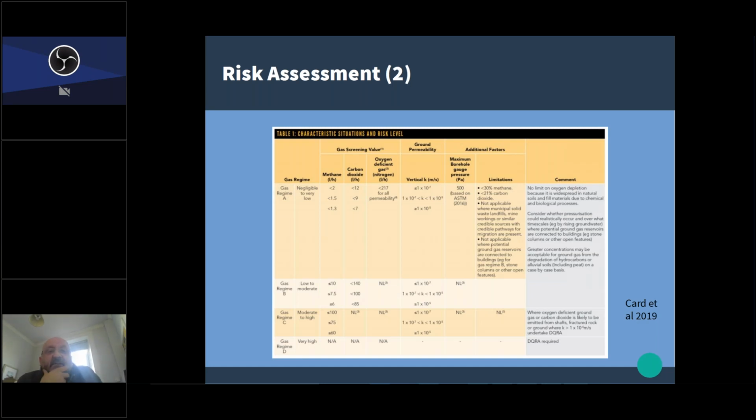As with all of these things, you want to do some sensitivity analysis just to check that your conclusions are within a reasonable range. If it's more marginal, if it's closer to one of the other gas regimes, then perhaps you need to either get more information or be a bit more conservative.